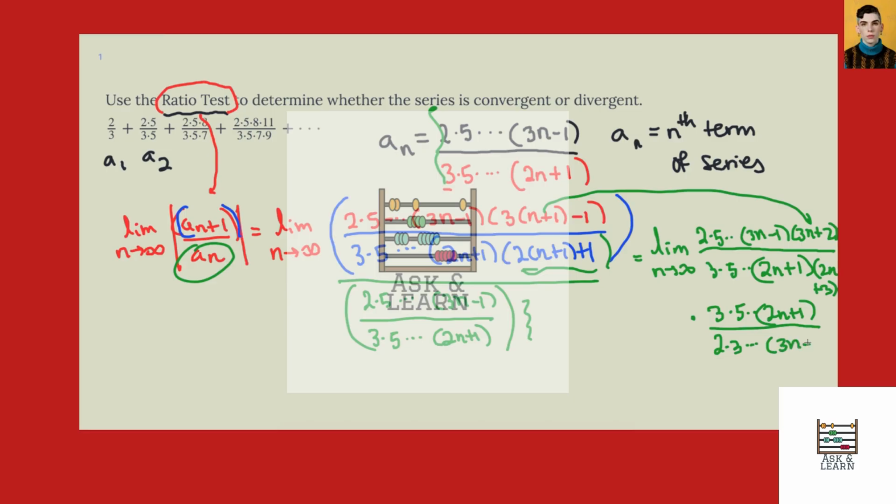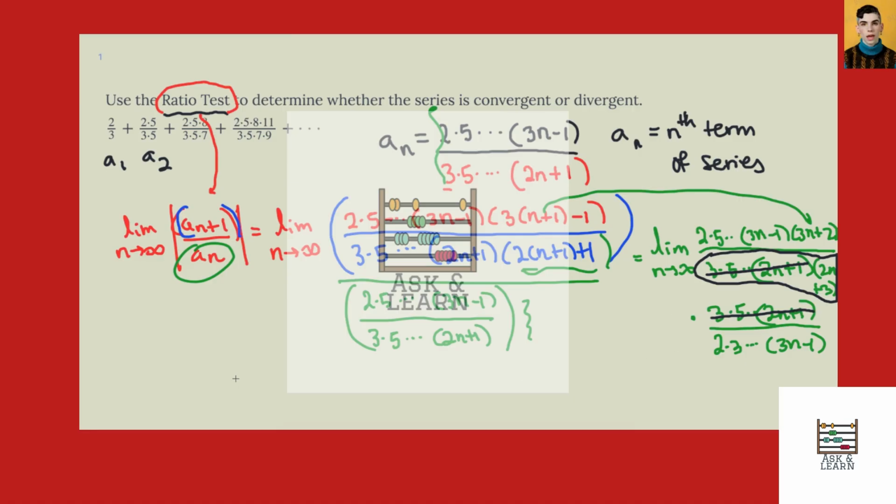And now we'll start canceling out as much as we can. So we look at the denominator over here, and you see that you could cancel all the terms except the last one with this numerator over here.